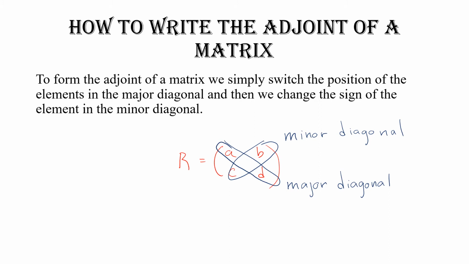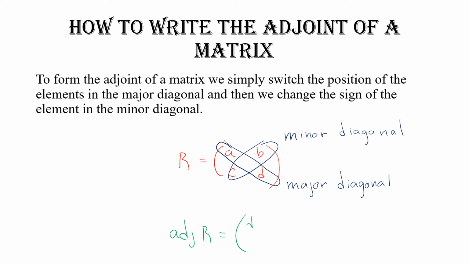So to form the adjoint, in other words, to find the adjoint of R, all you do, according to the rules that I have up there, is switch the positions of the elements in the major diagonal. So where A is, you put D. Where D was, A goes there.